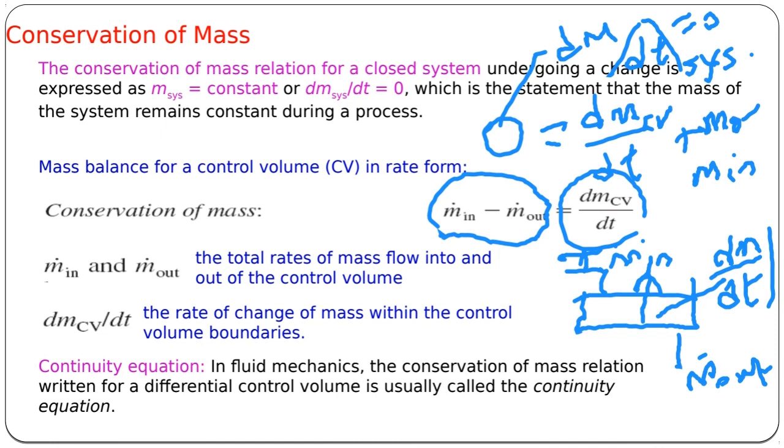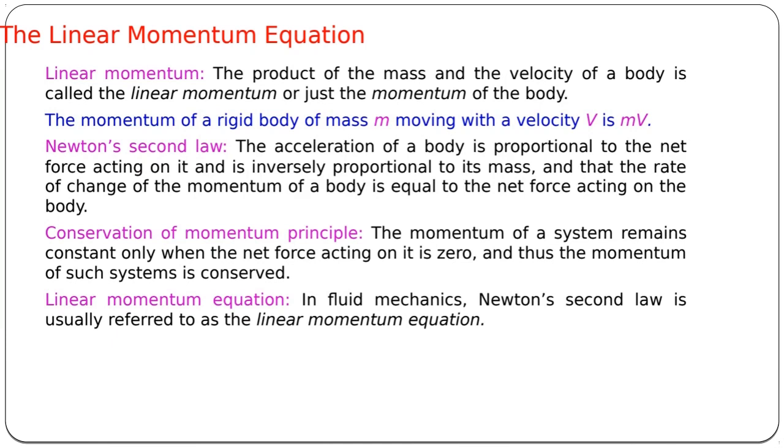Yeah, incoming and outgoing mass flow rates are equal. So the application of conservation of mass is quite straightforward, and it's quite clear to understand the meaning of the conservation of mass. It's also called the continuity equation. Sometimes it's called conservation of mass, sometimes continuity equation.